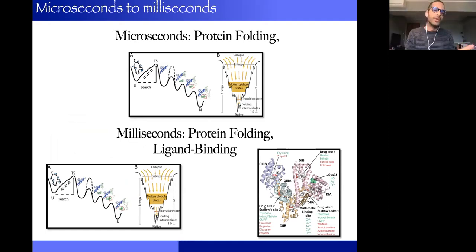The protein folding problem, and we will discuss this in detail much later in the course, is the problem of taking a polymer, like a spaghetti chain, and how it becomes a collapsed folded structure. That whole process of protein folding can take place between microseconds to milliseconds.